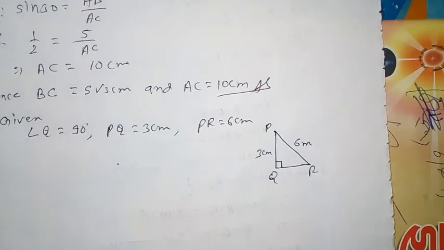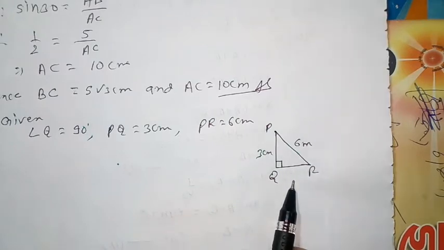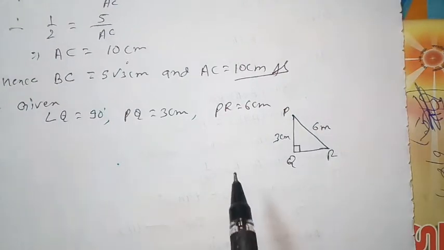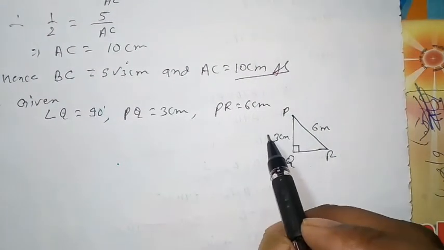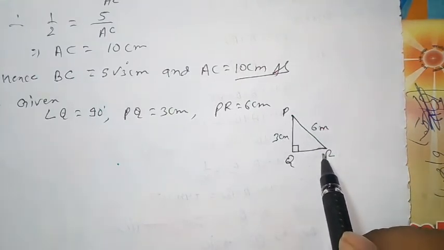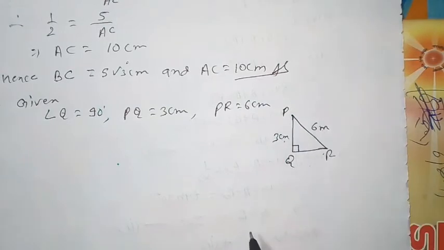Then first, PQ, QR. Now if I take sine R, then perpendicular by hypotenuse.